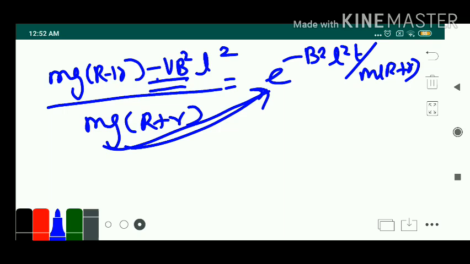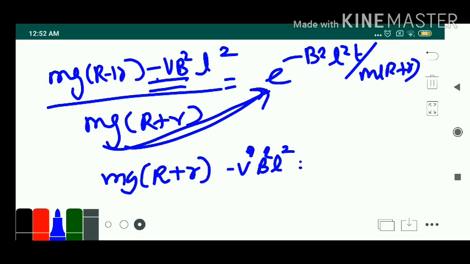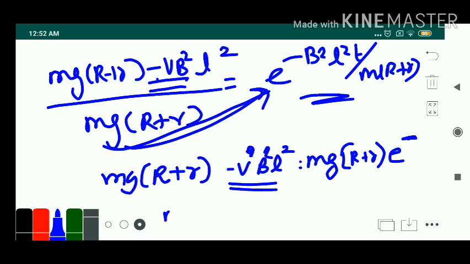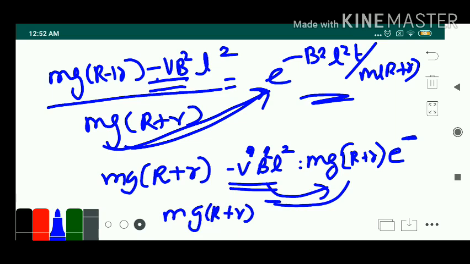Listen, mg r plus r, right, minus vb squared l squared is equal to mg r plus r into e term. I'm not writing the entire thing, e raised to this function, right? Then this term to be brought, mg r plus r, this goes over here, minus mg r plus r e raised to this function is equal to vb squared l squared, right?